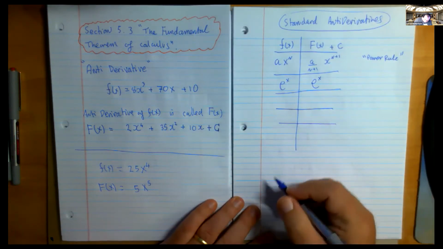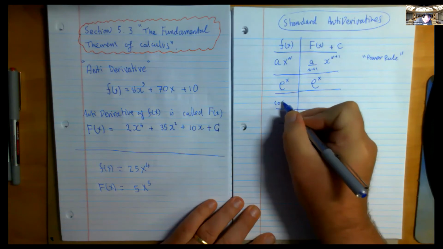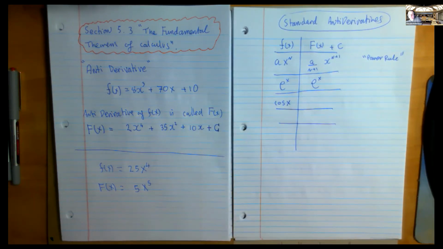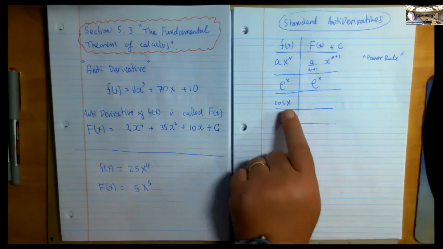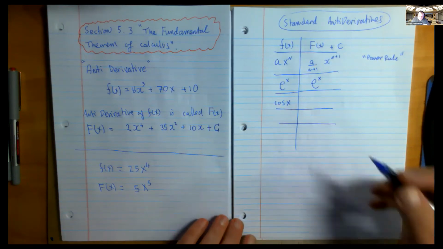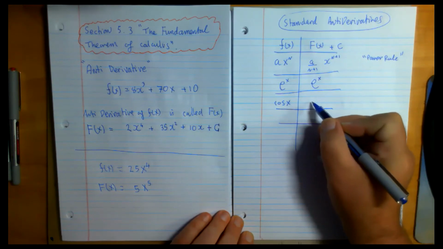They tend to cause problems. What's the antiderivative of cosine x? So basically, what function do you need to start with that when you differentiate it, you end up with cosine x? Sine? Yes.